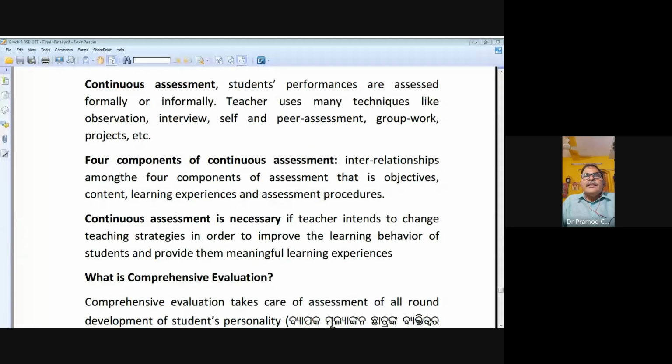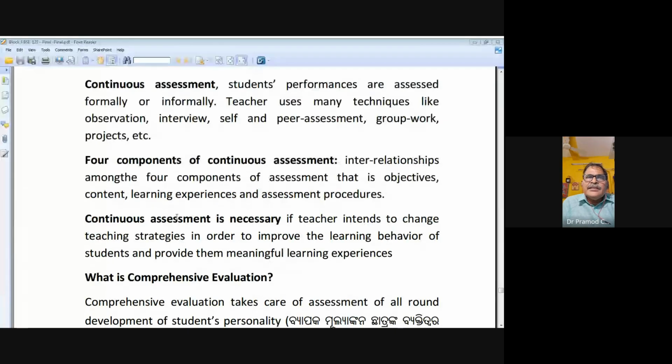Four components are there. Continuous assessment: interrelationship among what? Educational objectives, content, learning experience, and assessment procedures. If there is a continuous process, and interrelationships are formed, then automatically that is to be considered as continuous assessment.